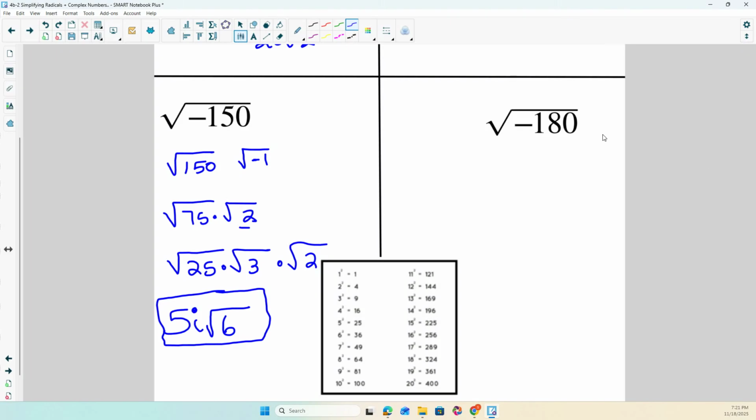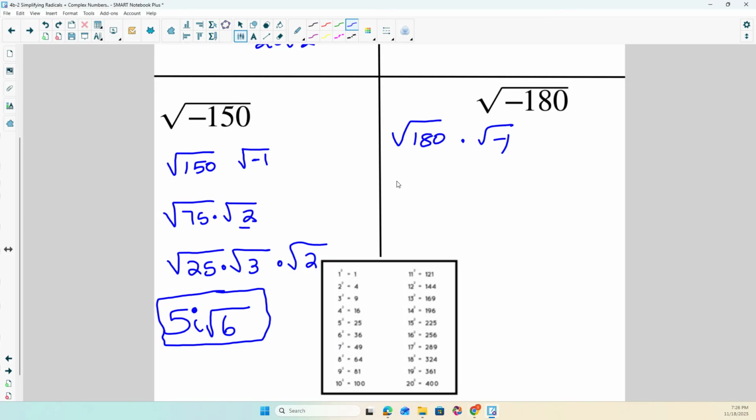Okay. Square root of negative 180. I know that I'm going to take out the imaginary unit i, so I can say that's the square root of 180 times the square root of negative 1. In this last example, let's say you had to simplify this and you cannot think of the biggest perfect square that can divide 180.